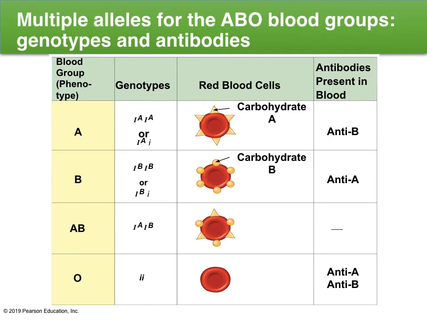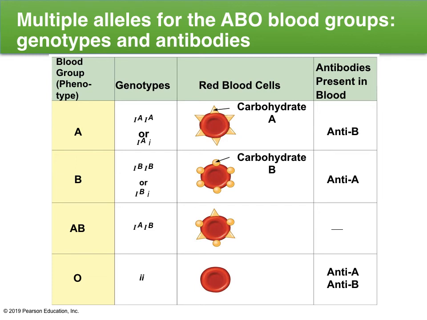Now, pretty much everybody can receive O cells because there are neither of the two carbohydrates there, right? So if you have no carbohydrates, there's not going to be something for recognition on those cells. But you don't have A, you don't have B, but you have both of the antibodies.